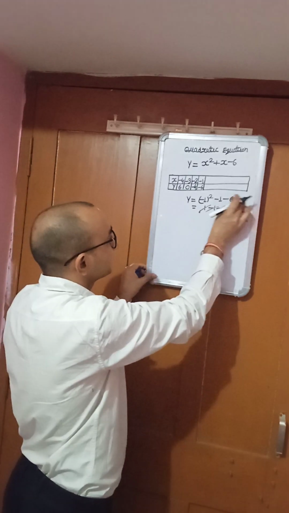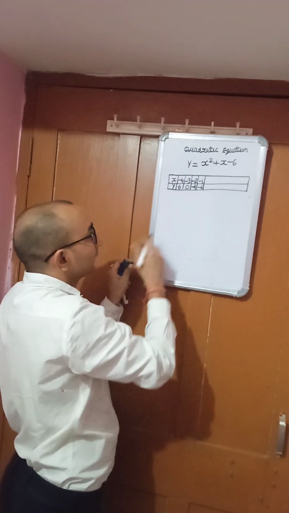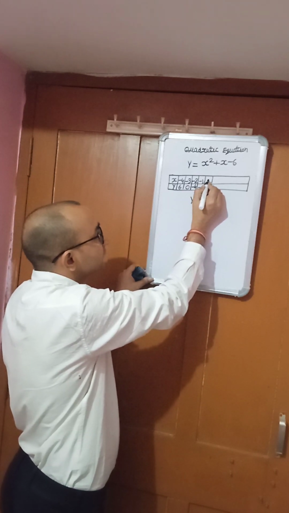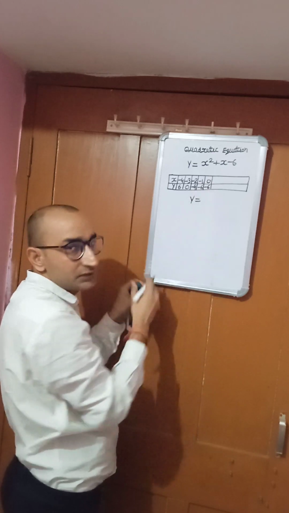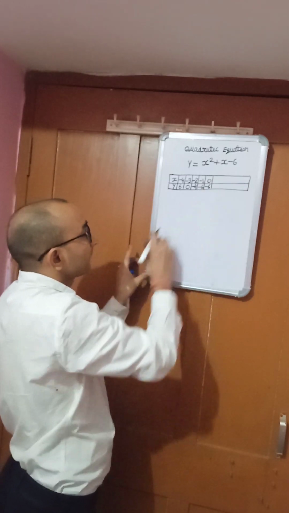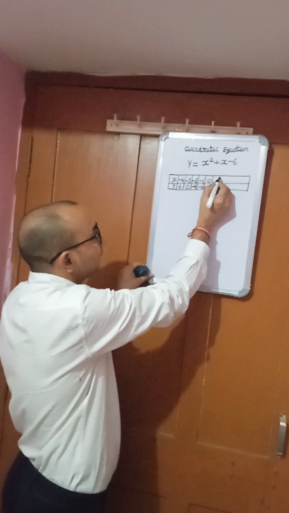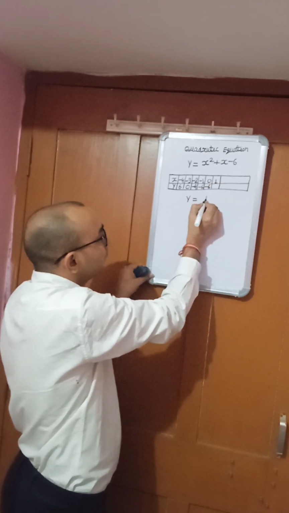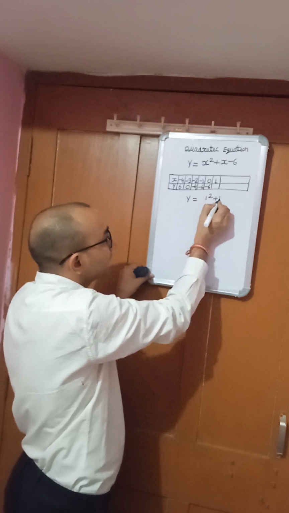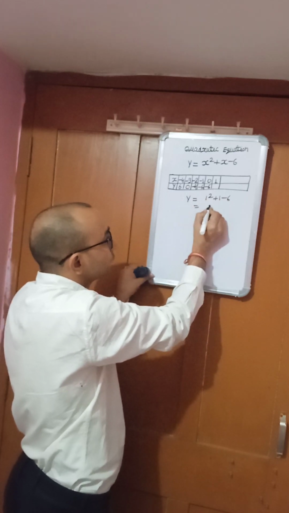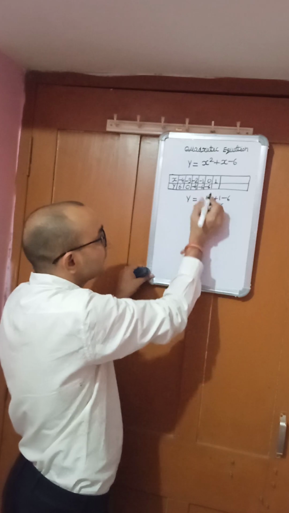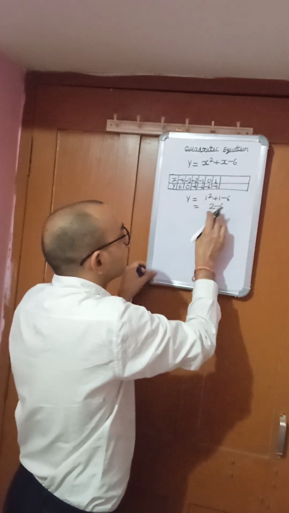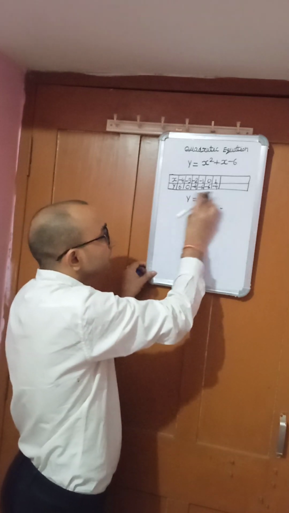If we put the value of x as 0 here, then it is also minus 6. If we put the value 1 here, 1 square plus 1 minus 6 means 2 minus 6, minus 4.